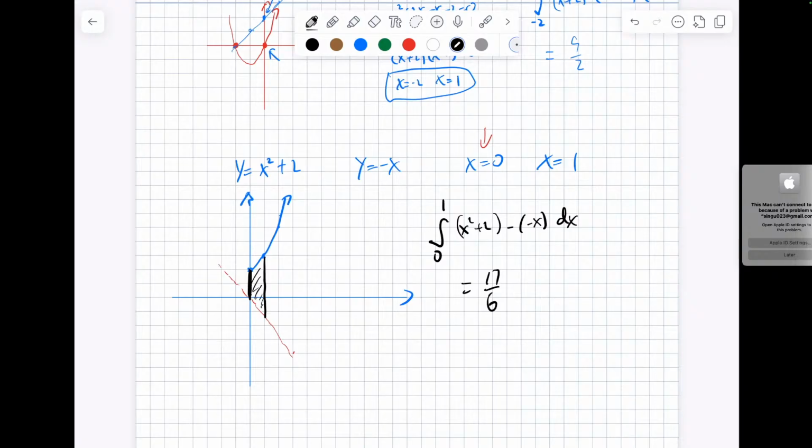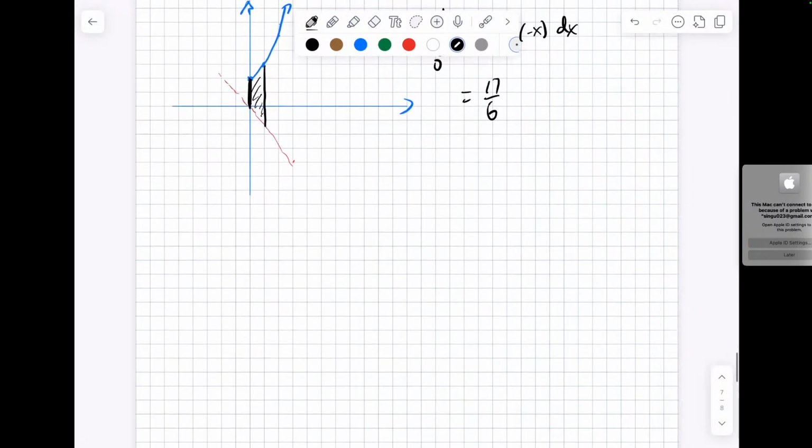Now on the AP exam in the past, something like this has shown up. You have something like, hey, there are 2 regions between the curves. So what I mean is like this: y equal to x cubed and y equal to x. This one is kind of difficult for you guys, but what does x cubed look like?